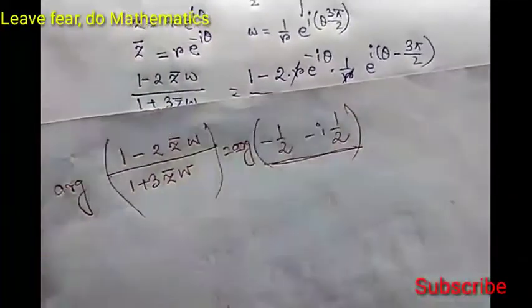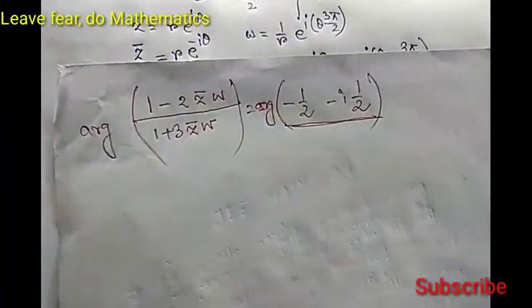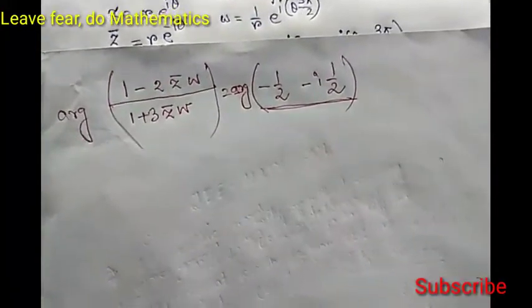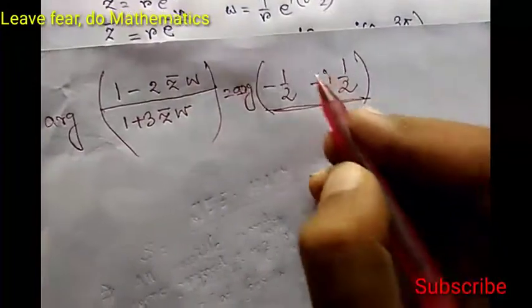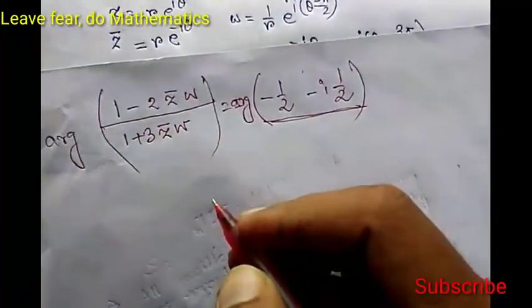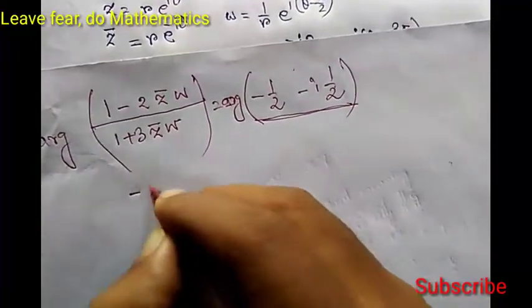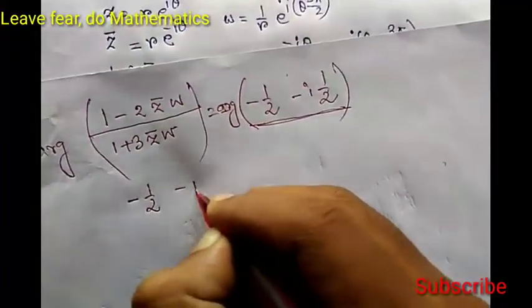Now again, we can write any complex number in the modulus argument form. Let us find the modulus of the complex number minus half minus i times half.